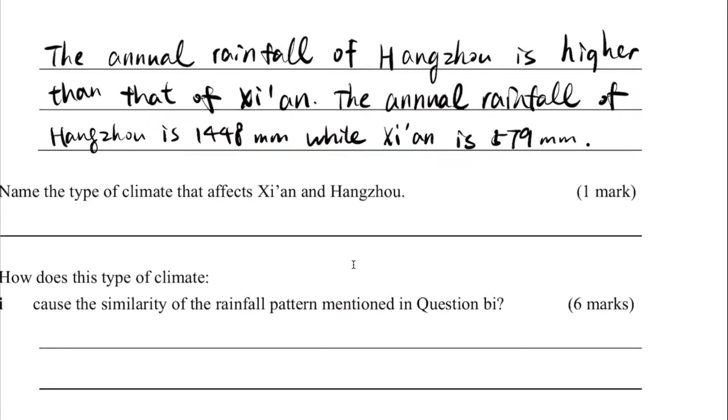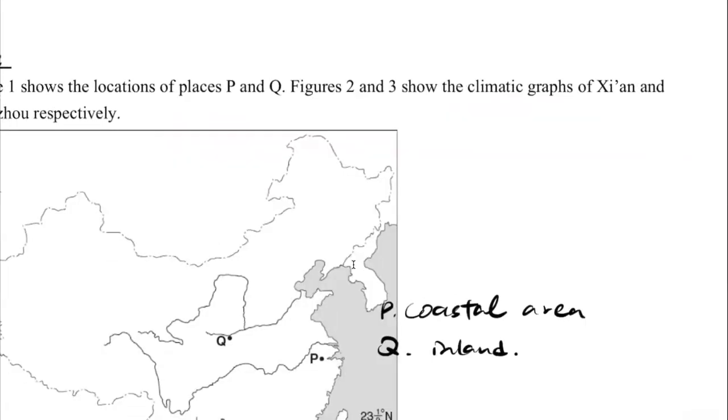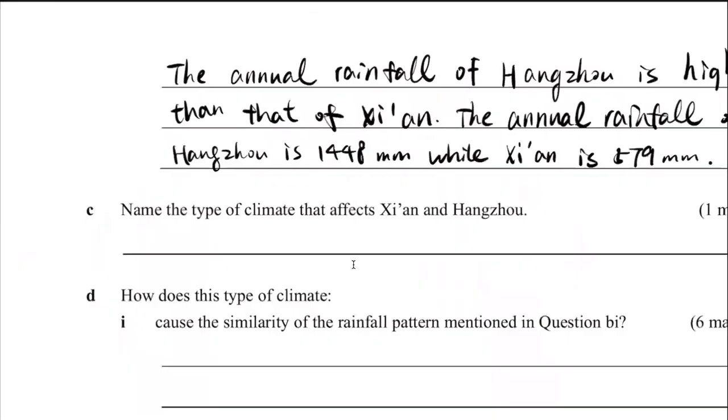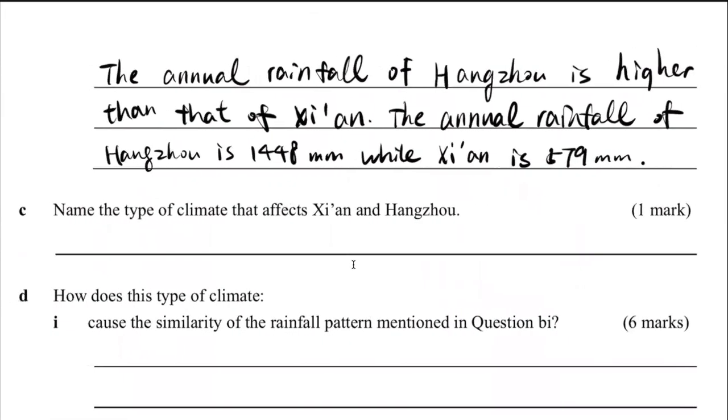You may wonder how to find out this number. It's actually very easy. It's shown here, the annual rainfall of both places. So that's the answer.